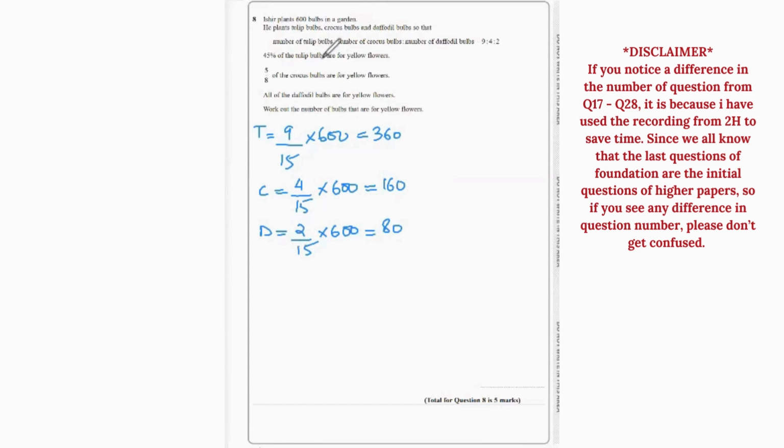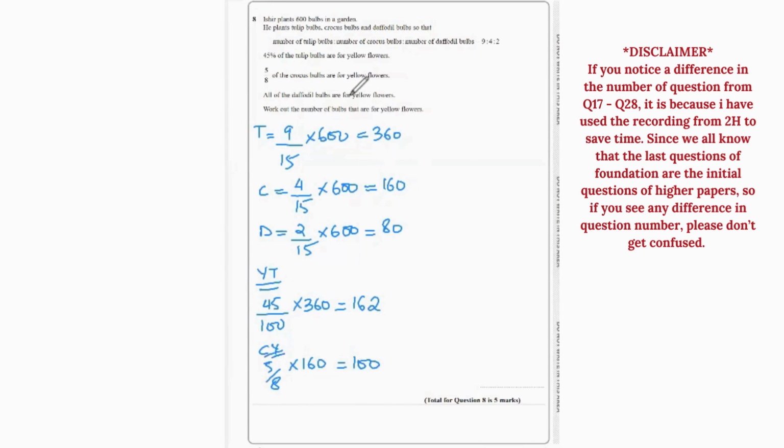Now 45% of the tulip bulbs are yellow flowers. So yellow tulips, that's going to be 45 over 100 times 360, which gives us 162. 5/8 of the crocus are that, so crocus yellow is going to be 5 over 8 times 160, which is going to be 100.